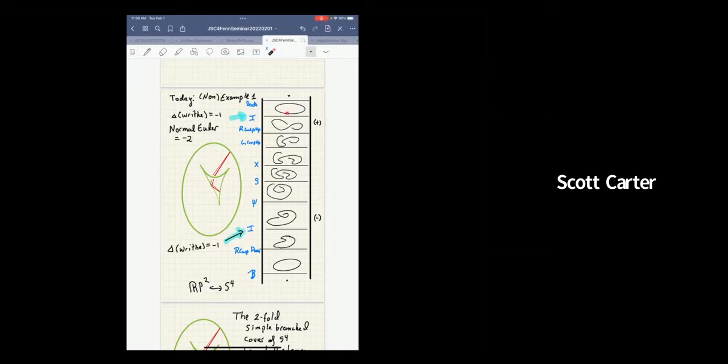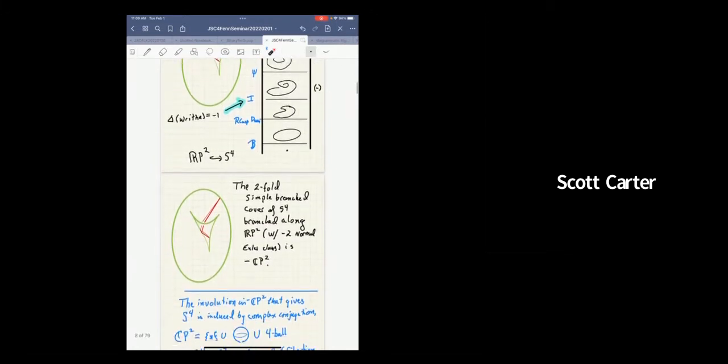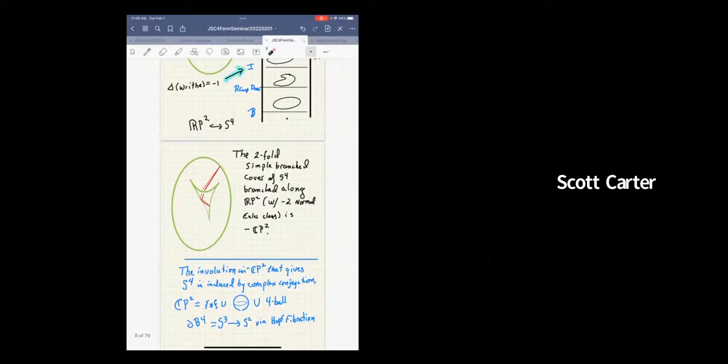The change in writhe here is negative. And so the normal Euler class of this embedding is -2. So the twofold simple branch cover of S4 that's branched along RP2, where we have a -2 normal Euler class, is CP2.